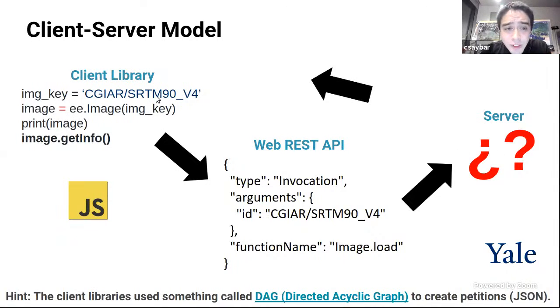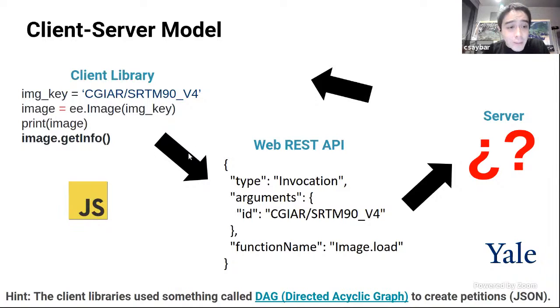What is important to understand is that right now Google only supports two client libraries for two different languages. The first one is JavaScript and the second one is Python. So if we want to create a client library for any other language, we need to find a way to solve this first step.